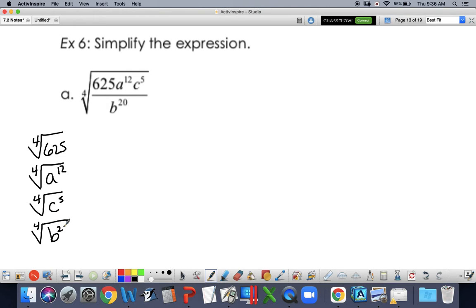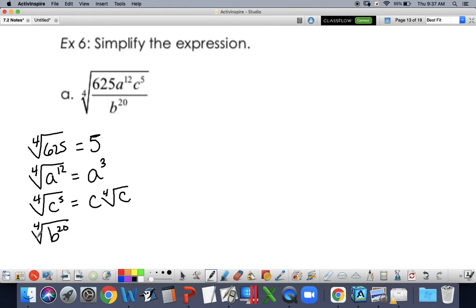together all at once. So the 4th root of 625 is 5. It is outside of the radical. There is no more numeric value that is under the radical. The 4th root of a to the 12th power, that's a cubed. The 4th root of c to the 5th, that's c, 4th root of c.